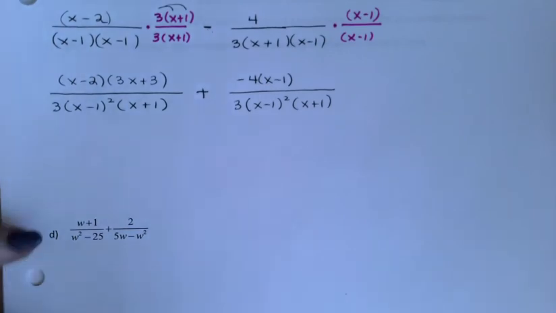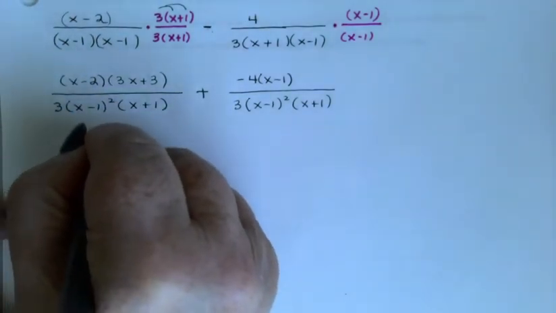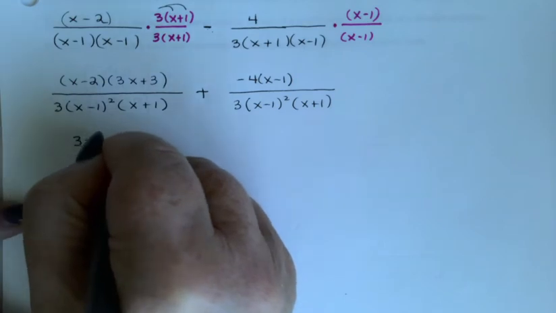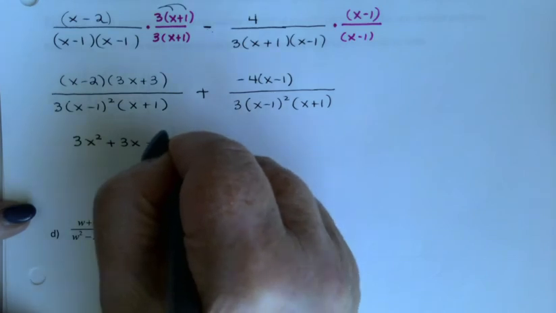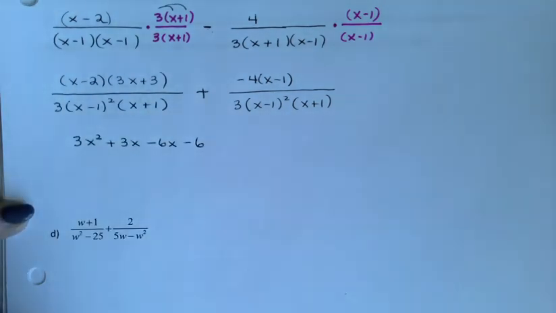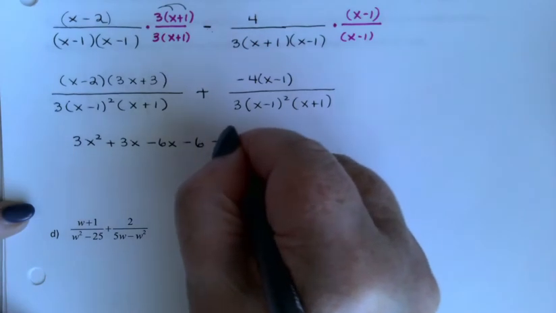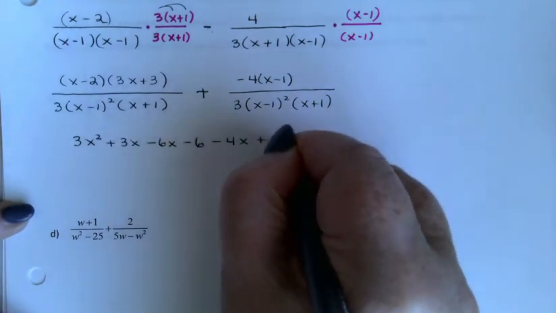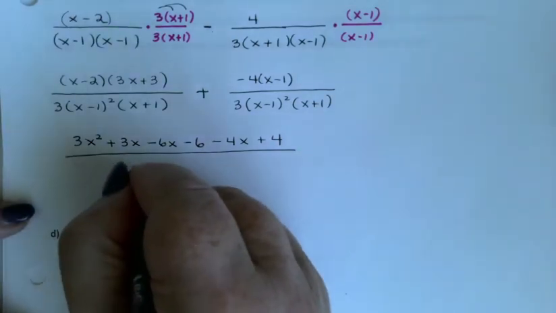All right, so if I multiply this out, I'm going to get 3x squared plus 3x minus 6x minus 6. And if I multiply that out, I'm going to get negative 4x plus 4. And I can write all of that over my common denominator.